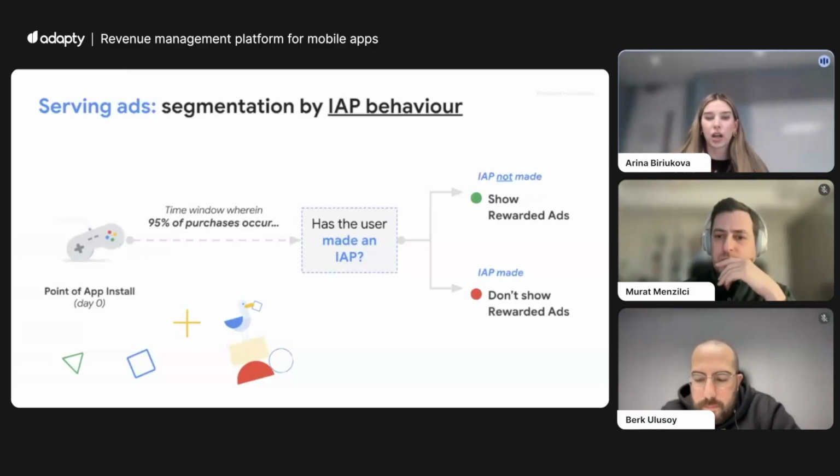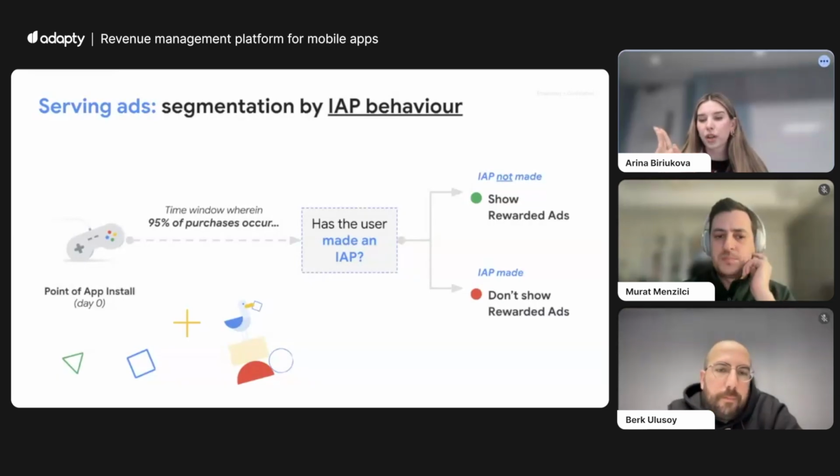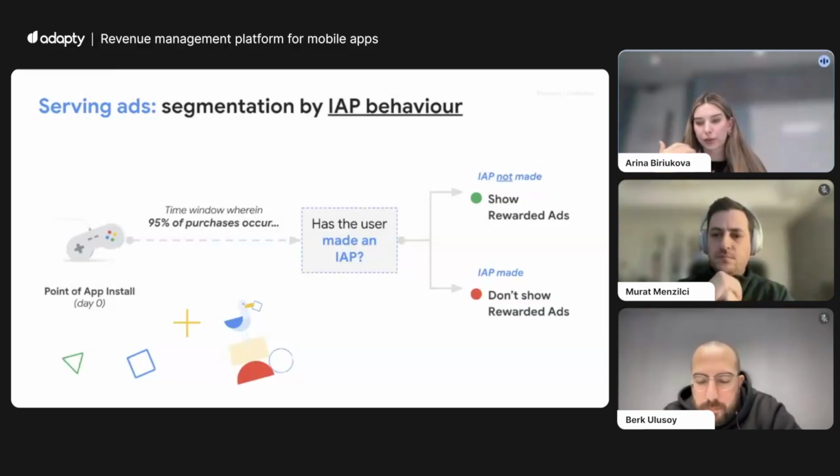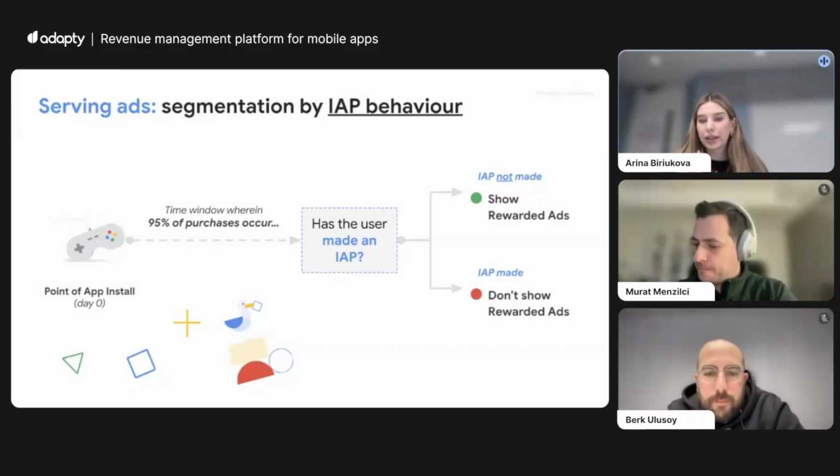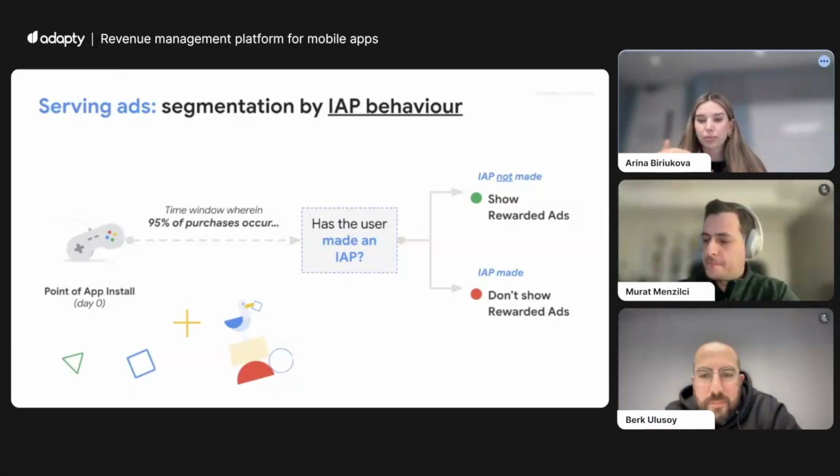Let's say I'm a user of your subscription application, and you have two options. The first: if I made a purchase, you don't show me any ads. The second: if I don't pay for any subscription, you can monetize me by showing me different ads. That's another way to monetize users, which is a good thing.